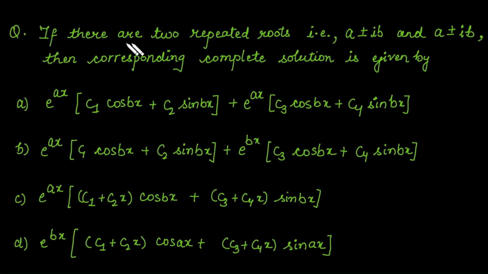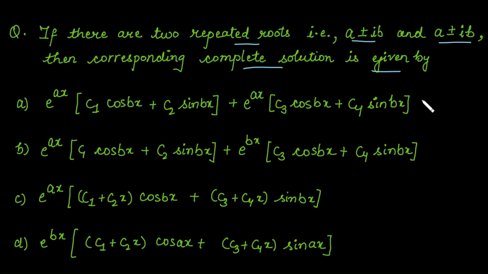Next question is, if there are two repeated roots, that is a plus minus iota b, and second is again a plus iota b, then the corresponding complete solution is given by. So again it is for the homogeneous case because there is no particular integral. So according to this, we have e raised to power ax, c1 cos of bx plus c2 sin of bx.